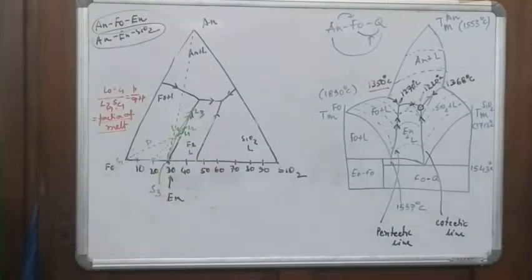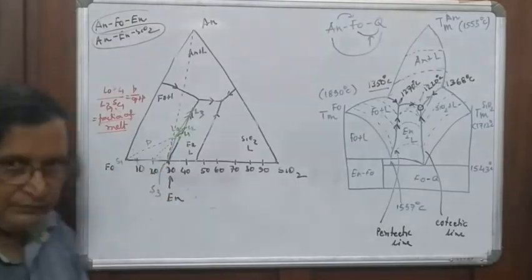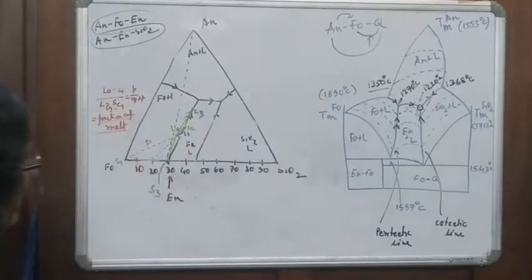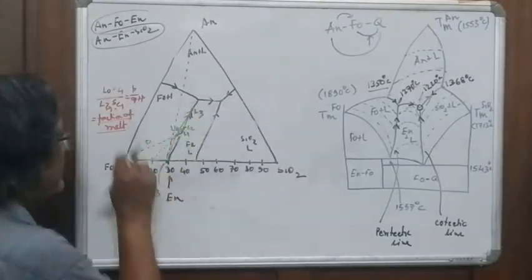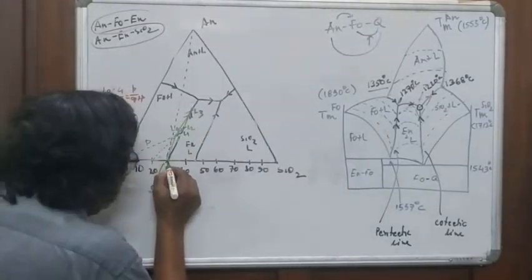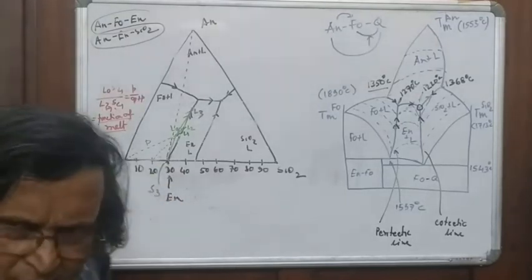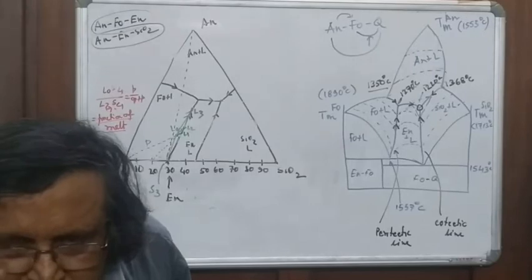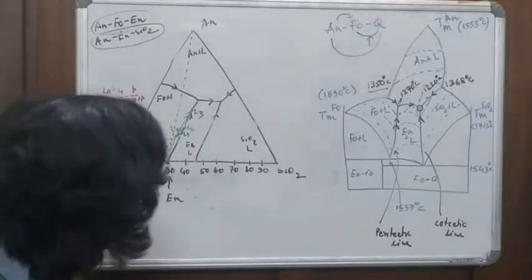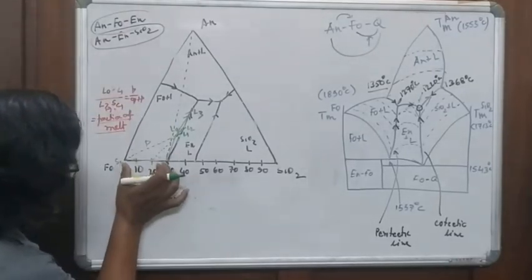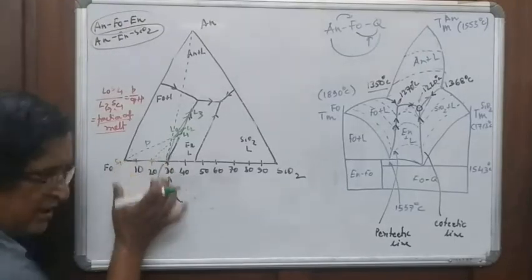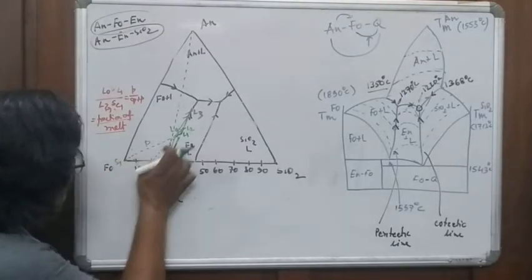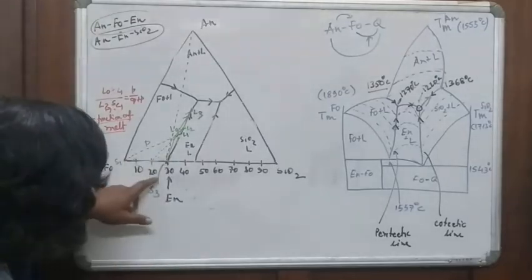What is happening at S3? At L3, S3, what is happening? You have now maybe one crystal of olivine still left. But because it shows 100% enstatite, there is no forsterite anymore, 100% enstatite in your solid, which is S3.